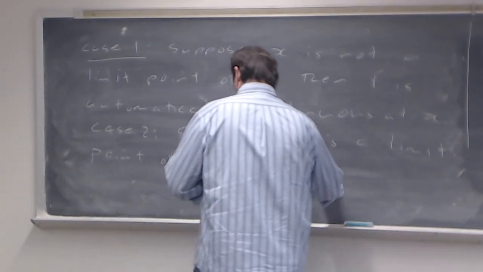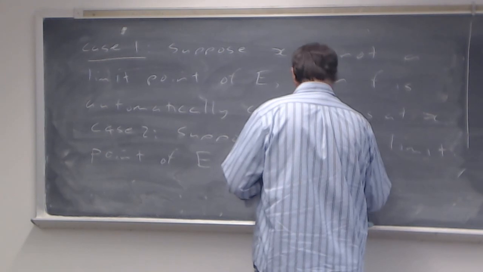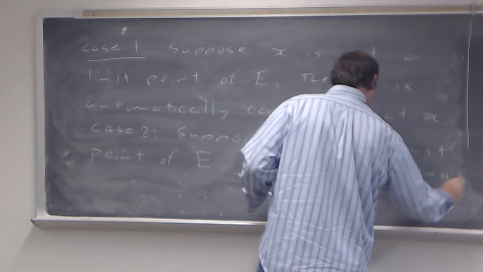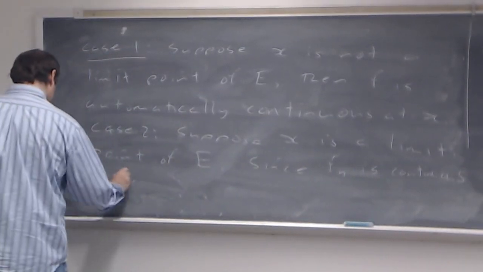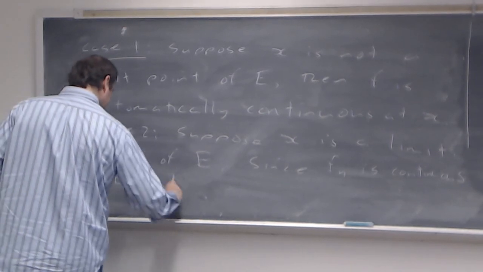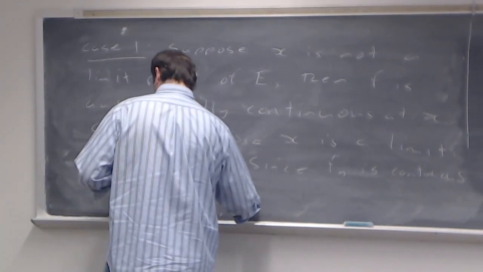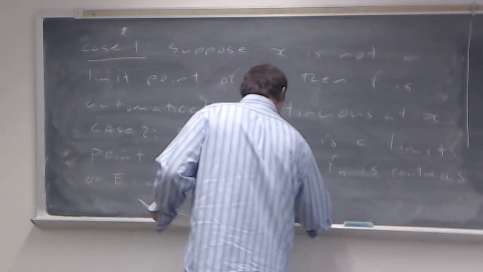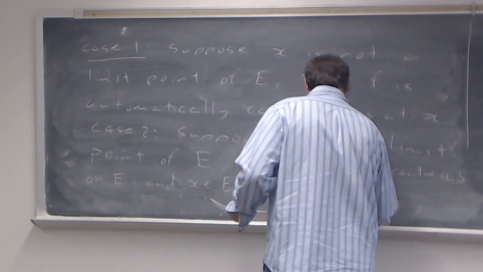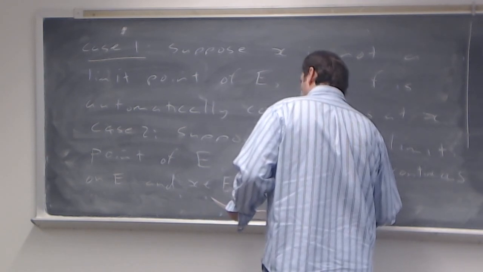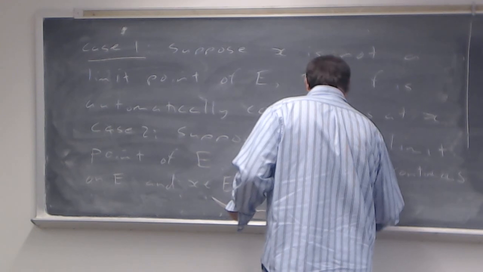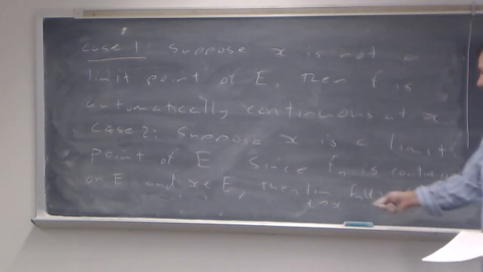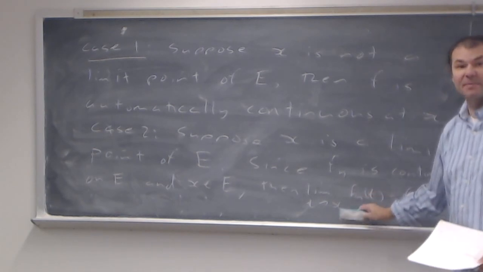Since f sub n is continuous on E, and x is an element of E, then the limit as t goes to x of f sub n of t is going to equal to f sub n of x, due to the continuity and x being a limit point of E.